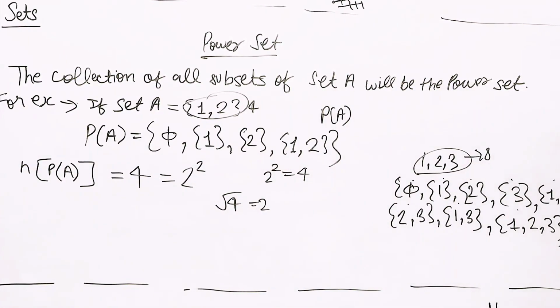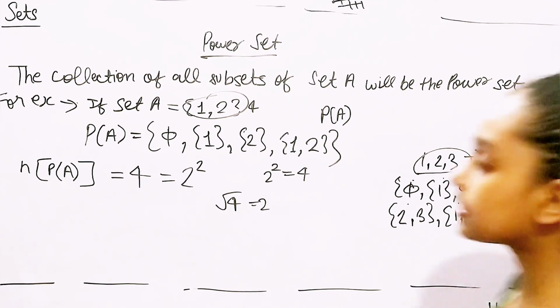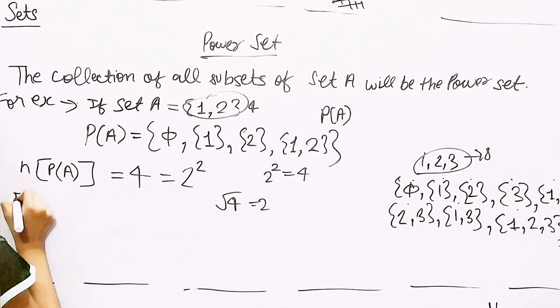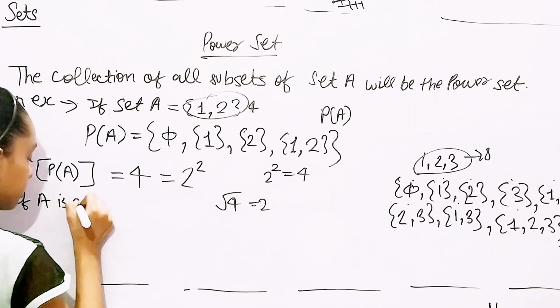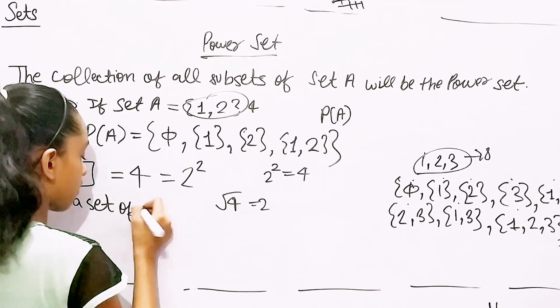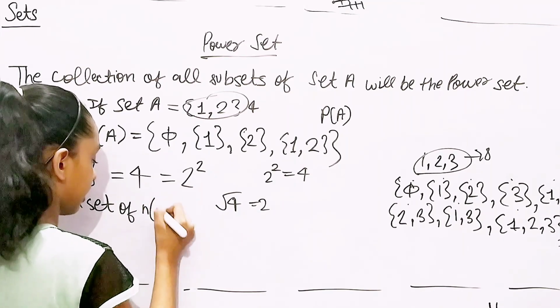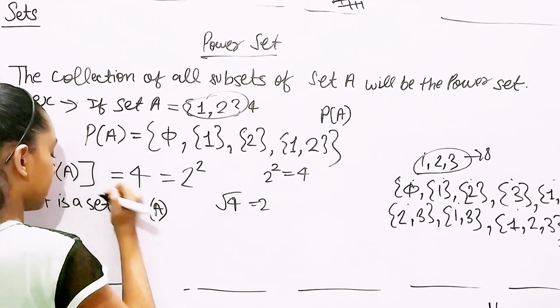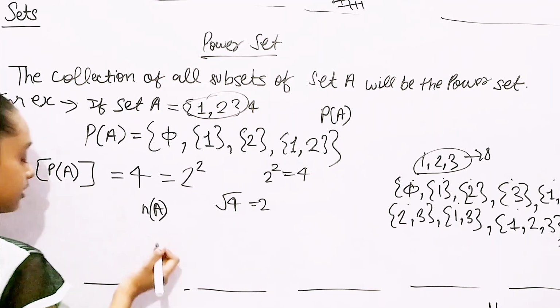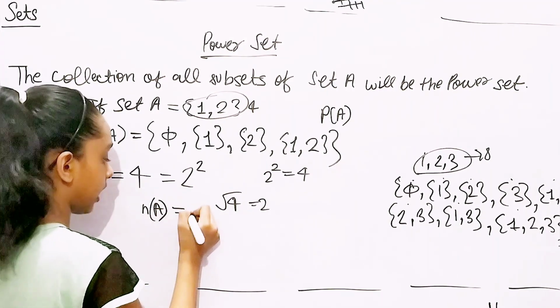The main topic is that if A is a set, and the number of elements in set A is equal to m, so what we can say is that n of A is m.